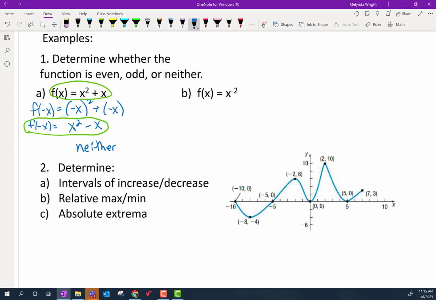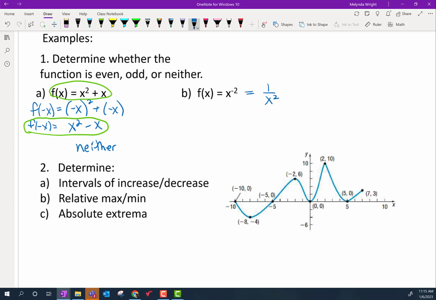On part B, I would prefer to write this without negative exponents before I jump into figuring it out. So I'm going to rewrite this without negative exponents. I would encourage you to do the same. It's really hard to get a feel for what things are when they have negative exponents. It's very difficult, so I would recommend that you change it.